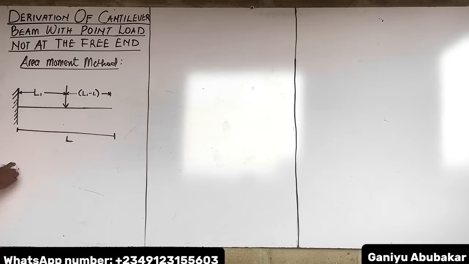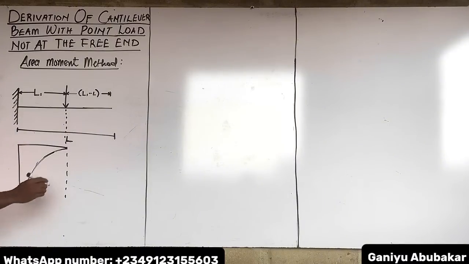So to draw out my deflection, I'll have something of this nature. I'll take this point here down this way, and I'll come to this point here and take it down this way, and I'll make sure they meet each other. So I have this.